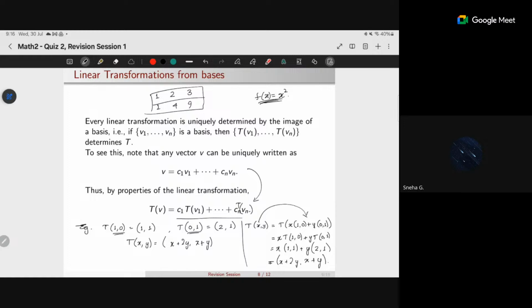As long as it is a basis, every vector can be expressed as a linear combination of those things, and you'll have to make changes accordingly. I'll maybe give an example at a later stage where it is not the standard basis. If we finish in time, we'll take it there. Okay.